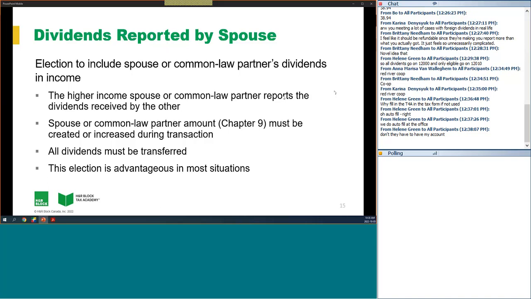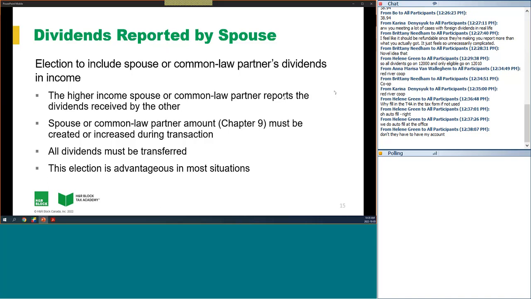Okay, so at some point in the future, I'm going to explain to you that for spouses who have low income, who you are financially supporting, you can claim a tax credit. The tax credit is called a spousal amount, a spouse or common law partner amount. For dividend income, there is a special rule, and it is an option. You have a choice to do it.